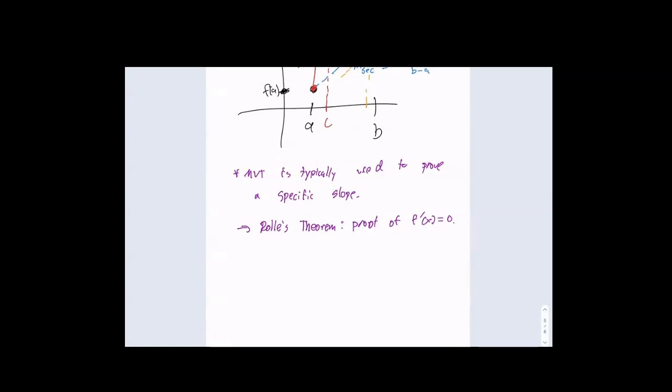So basically Rolle's theorem says that if f of a equals f of b, then f of b minus f of a over b minus a equals 0. Then the slope f prime of c is equal to 0.